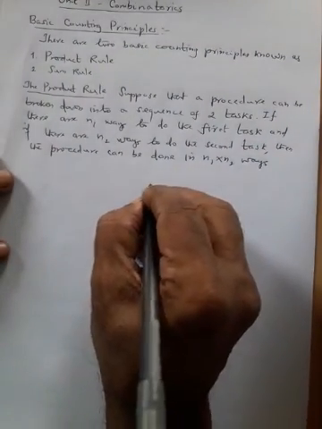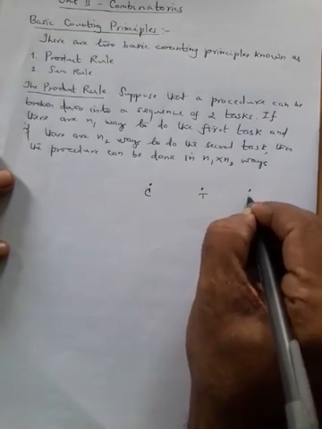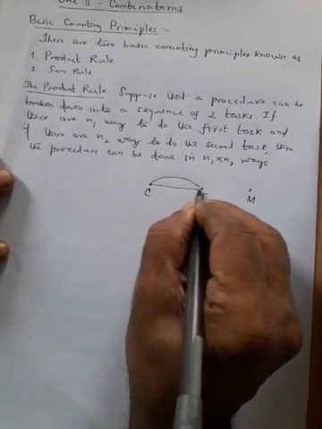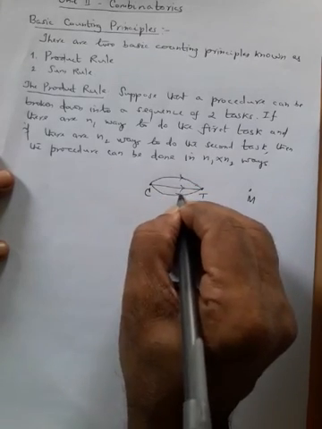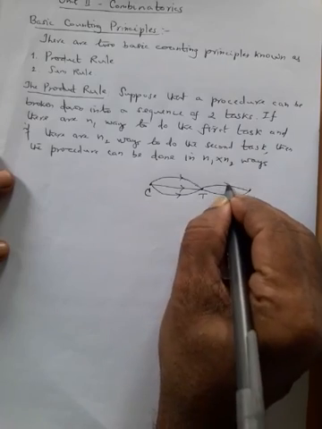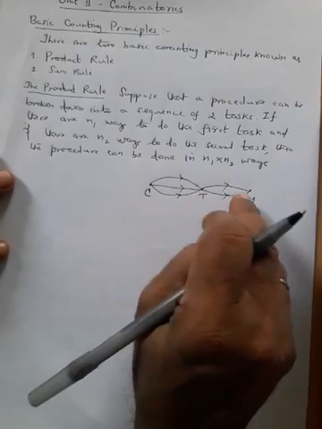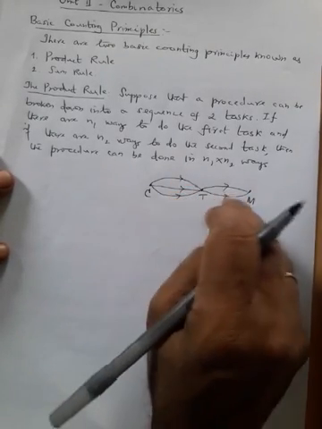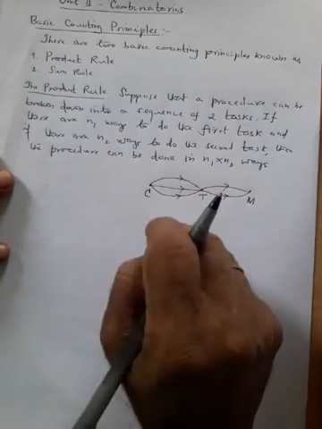Suppose, say this is Chennai, this is Trichy, and this is Madurai. Suppose there are three different routes to reach Trichy from Chennai, and two routes from Trichy to Madurai. This is one task, Chennai to Trichy. The other task is Trichy to Madurai. Now from Chennai to Madurai is the procedure.